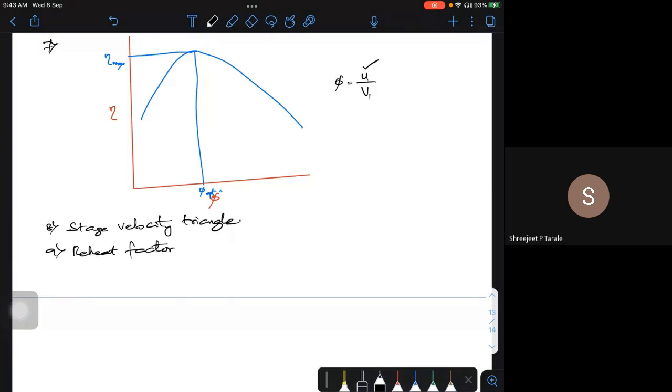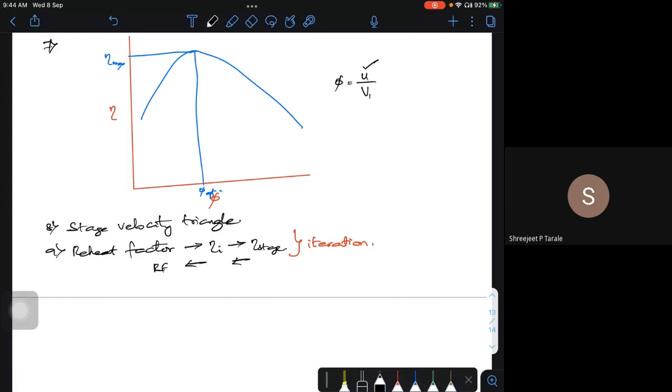Then reheat factor with internal stage efficiency, and they do iterations. They will go back, and this is an exercise. So this is an iteration to arrive at the reheat factor and internal efficiency, because already you have calculated internal efficiency and stage efficiency.